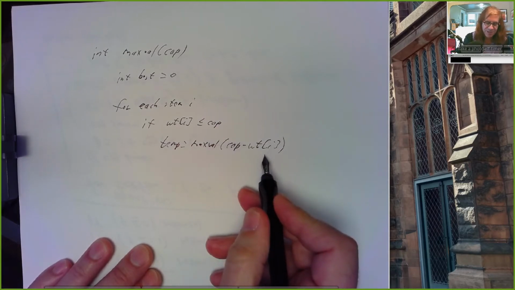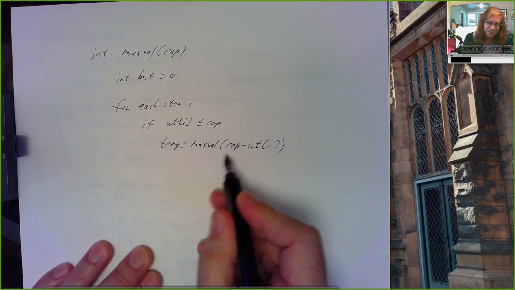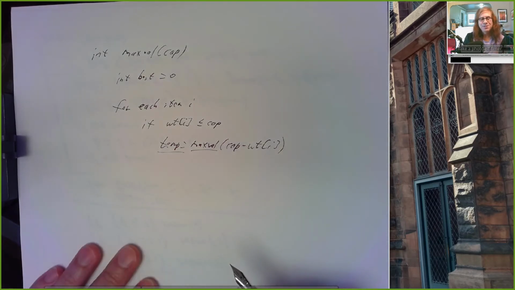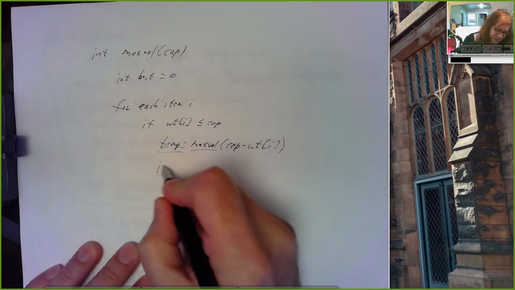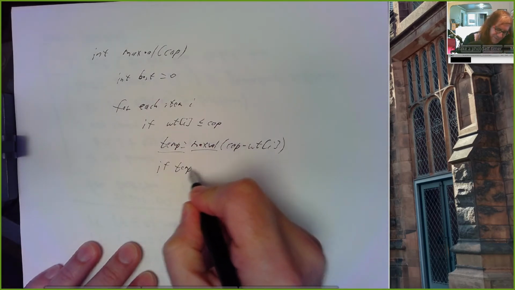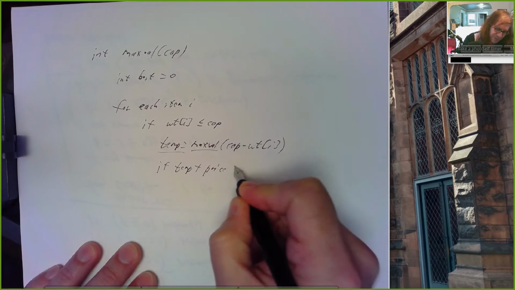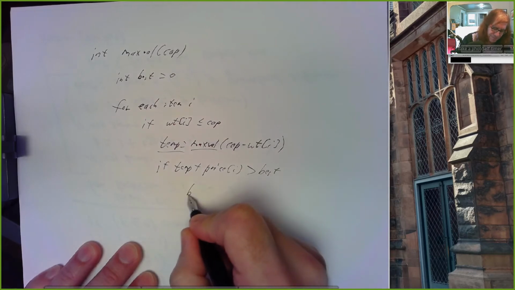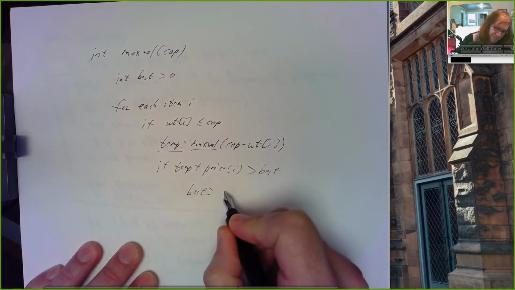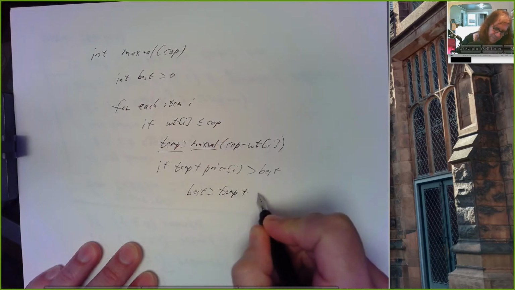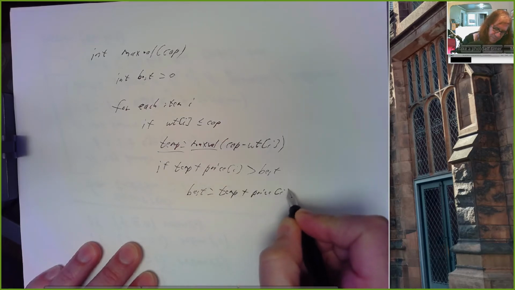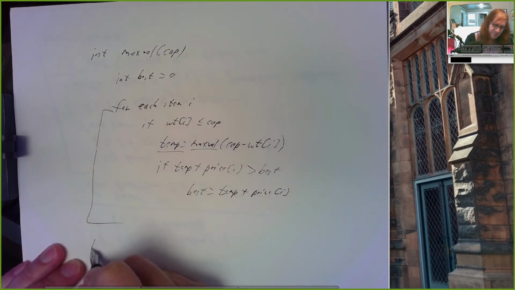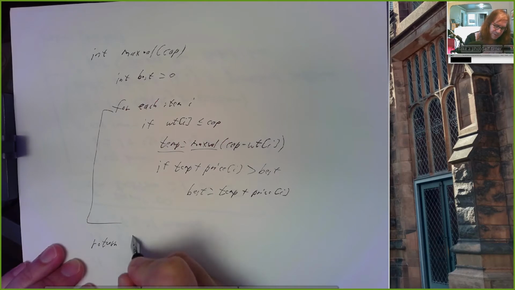So take off the weight of your item from your capacity, call maxval, see what the max value is you can get from that remaining space in your bag, and then say if that maximum value plus the value of item I is better than the best answer you've got so far, save it. All right, when you come out of there, just return best.